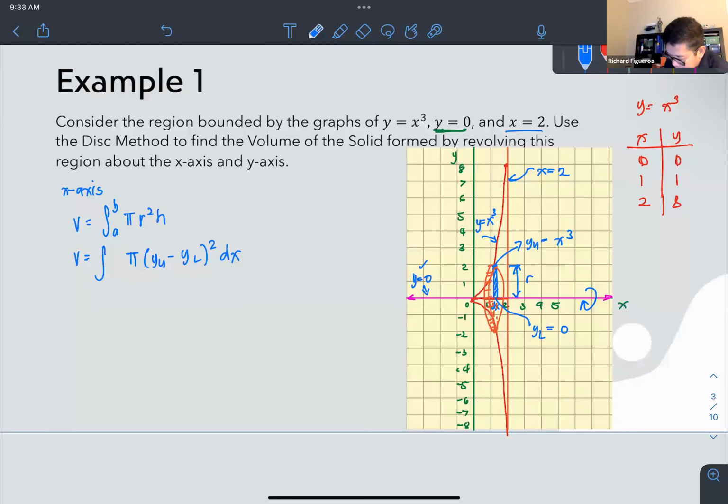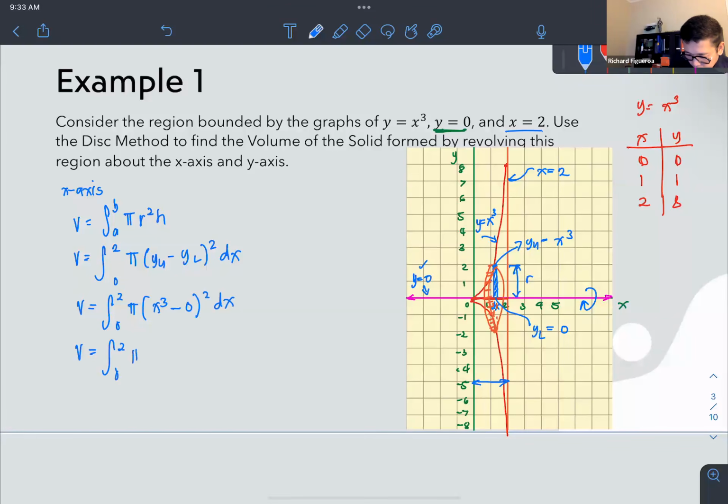So since dx yan, the limit is from 0 to 2. So substitute lang natin yung y upper, which is x cubed minus 0, squared, dx. So x cubed raised to 2 would be x raised to 6 dx.